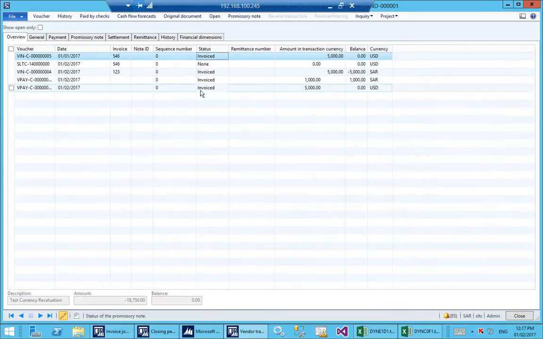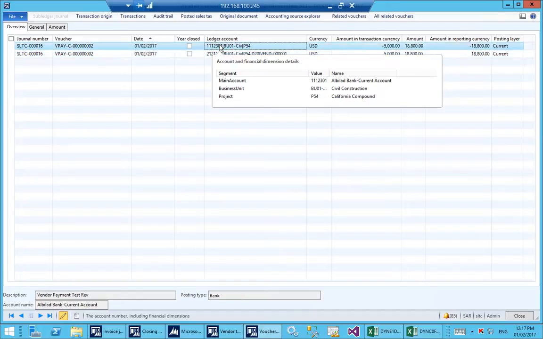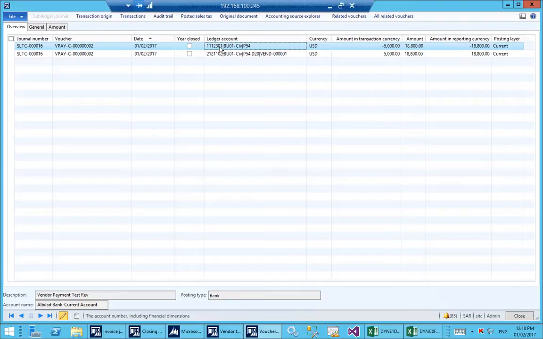Correct. Okay, this is the payment, which is the vendor payment test voucher. So it is going in the same segment as a realized loss. Cost is going in the same segment as the realized loss.